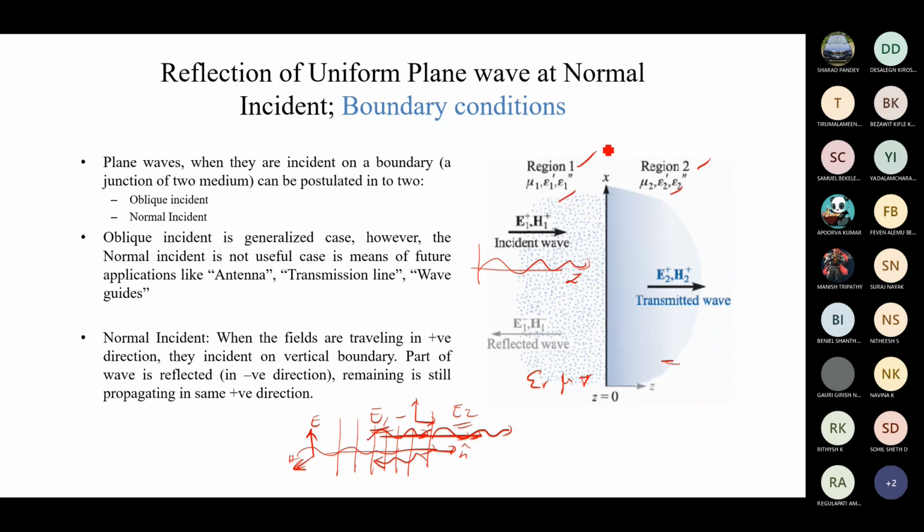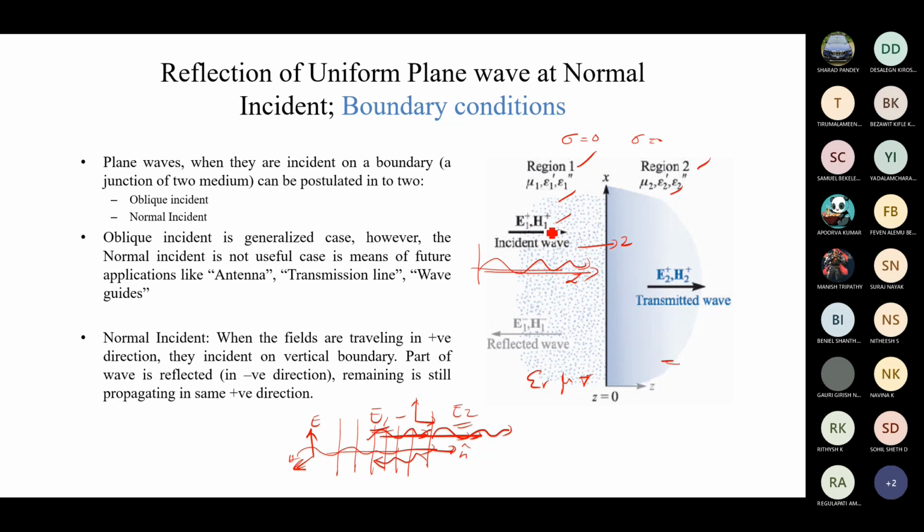For instance, we are going to assume these two media are lossless. So this wave is going to hit the surface or the boundary, or we can say junction. It is going to travel along the plus z direction.